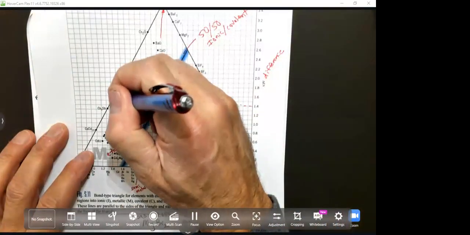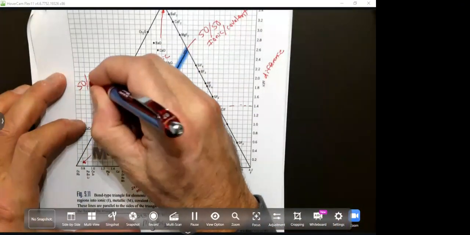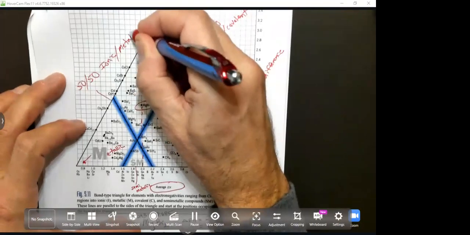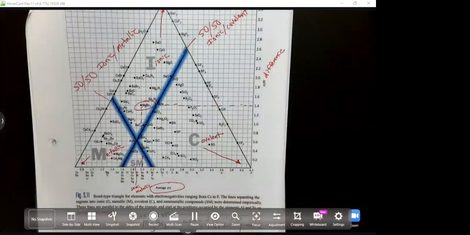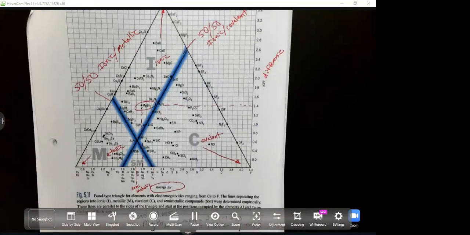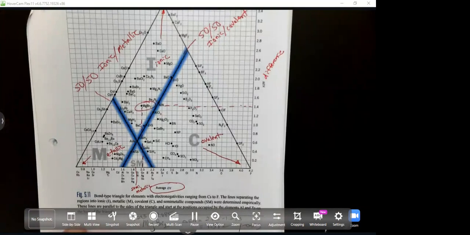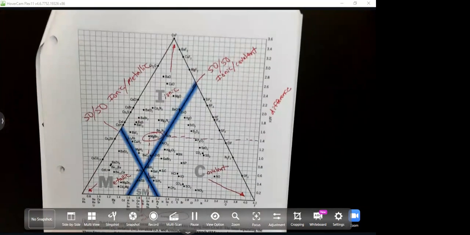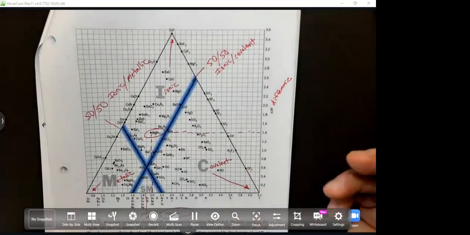And likewise over here, if you're on this blue line, you'd be about 50-50 ionic metallic. Okay. So I think you'll be able to look at a bond triangle and do a problem on that, with the average and the difference gridded out.